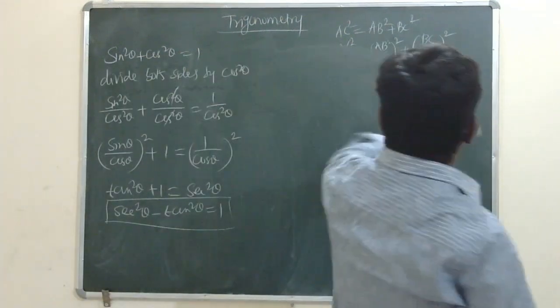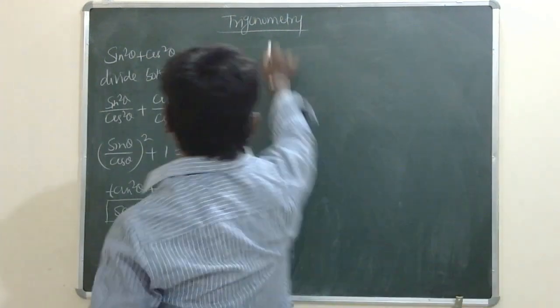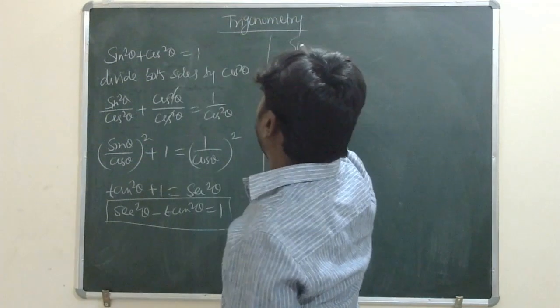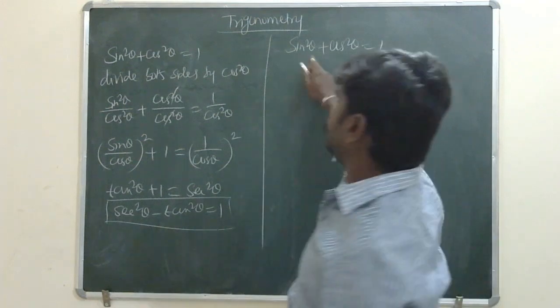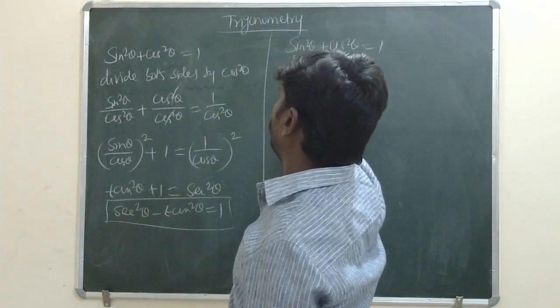Now again I am taking the first identity here. Now I am dividing both sides by sin square theta.